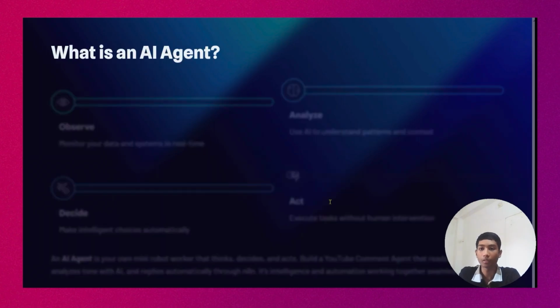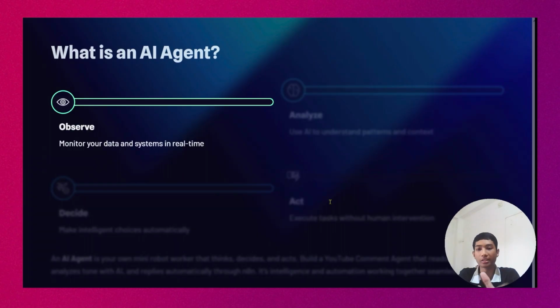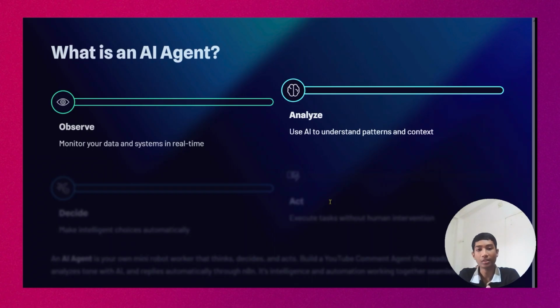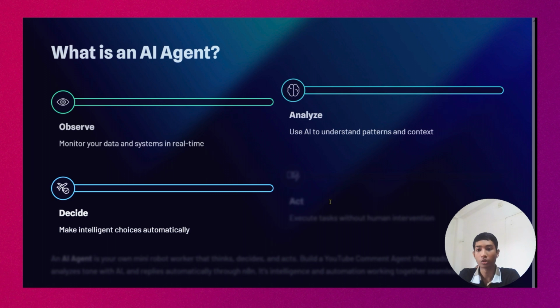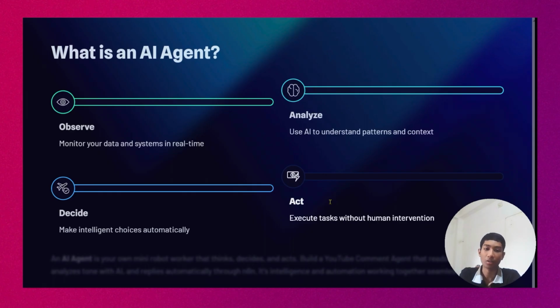Okay, let's see what is an AI agent. An agent is something that could observe. It monitors your data and systems in real time. It could analyze, using AI to understand patterns and context. Also, it could make decisions. It makes intelligent choices automatically, and it could act. It executes tasks without human intervention.